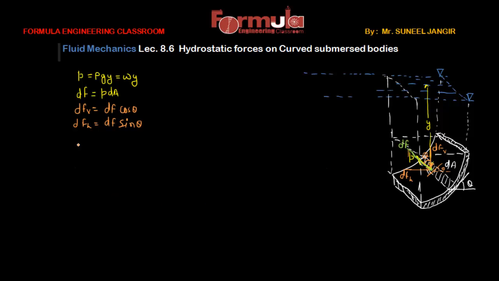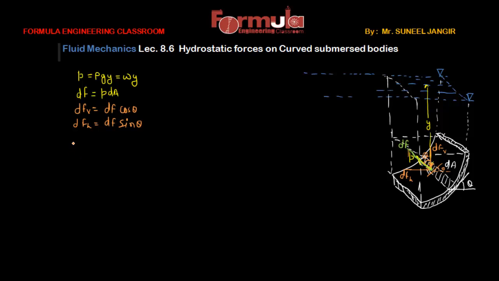By calculating these two components we can calculate dF, which is the resultant force due to the vertical and horizontal components. If we integrate the total vertical and horizontal components, we can easily solve this problem.